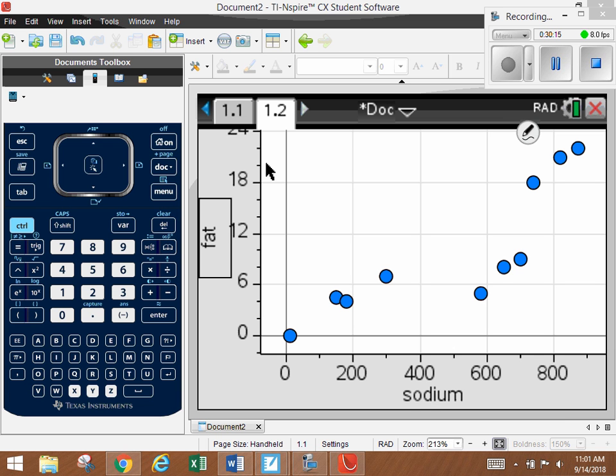Because if it's nonlinear and positive, it could go like that, right? With nonlinear and negative, it's going to go like that. It could also follow some sort of weird polynomial function, where it's got some behavior like that, possibly.